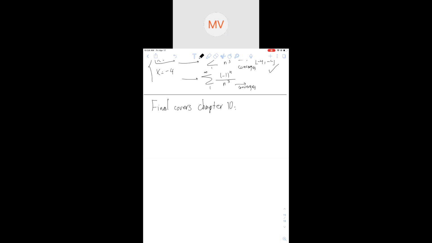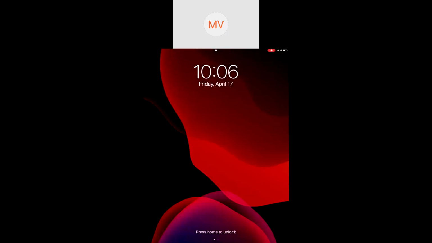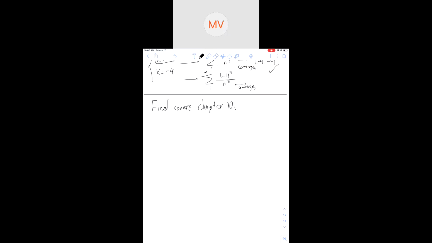Can do one from the quiz. Actually, the quiz questions. Yeah, I can do that. So the one from the quiz. I think it was the sum of x to the n over 2n factorial, n from 0 to infinity.